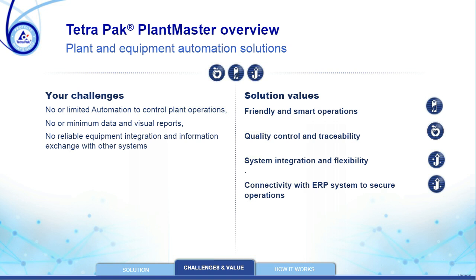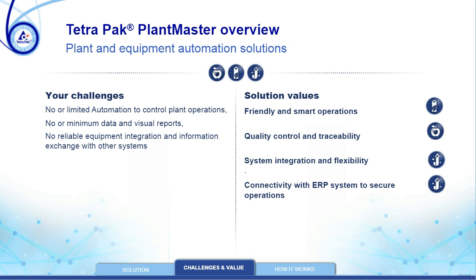It's end-to-end safe material interlocking, including packaging and processing, with fast troubleshooting and accurate recalls, thanks to simple reports. Third, system integration and flexibility. It integrates within Tetra Pak packaging and processing, intralogistics, and with third-party equipment, or even legacy equipment which you cannot connect today.